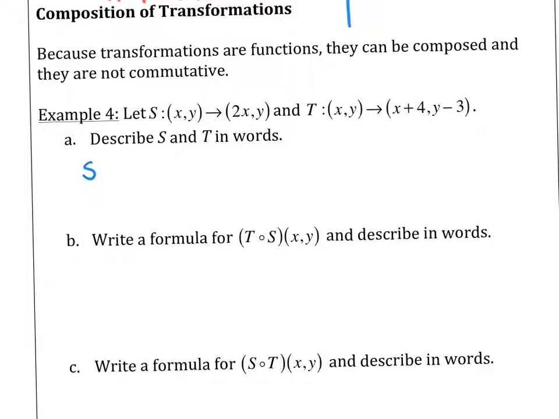So S means that we are going to do a horizontal stretch by factor of 2. You do not need to mention y, because by default nothing happens to y. If you wanted to say no vertical stretch or no vertical compression, that's fine, just unnecessary.